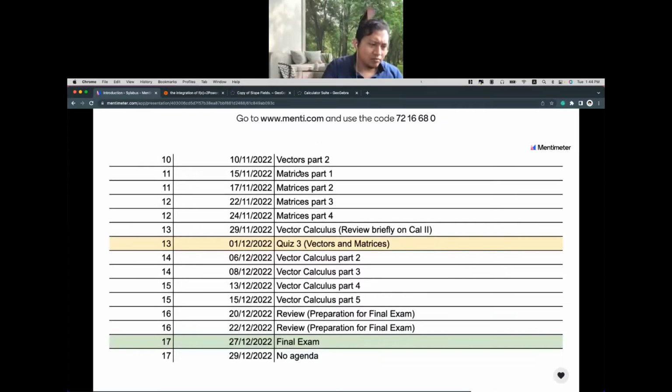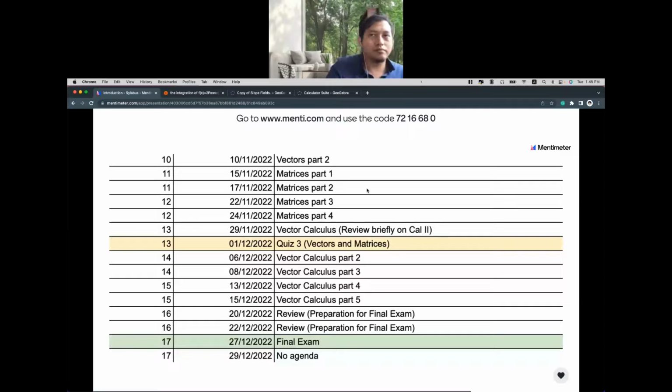Vectors is just a small part, and I think not really all of it is included, just a few parts that I think need to be reviewed. Okay. And the matrix needs 4 parts because it's quite a lot, especially the details. I think the fundamental parts are just these two. The other parts are the details.